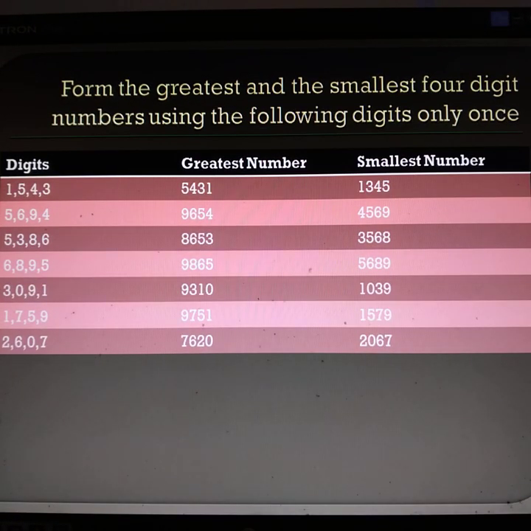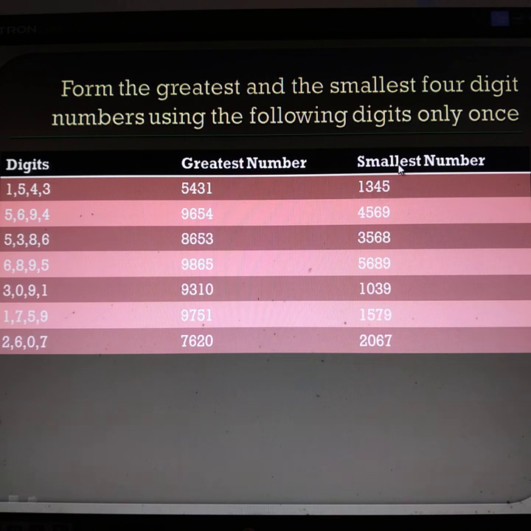Now we see more examples. Form the greatest and the smallest 4-digit numbers using the following digits only once. The digits are given here. To form the greatest number, we have to arrange the digits in descending order and then write the number.